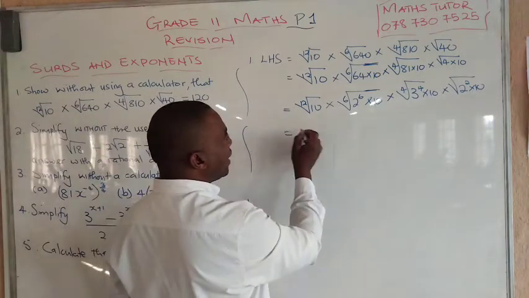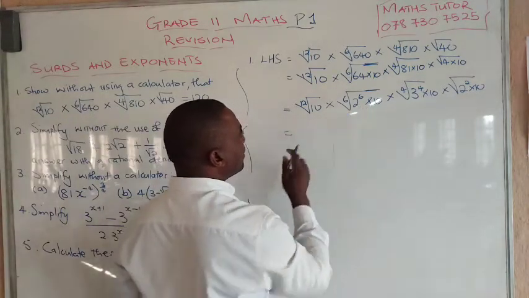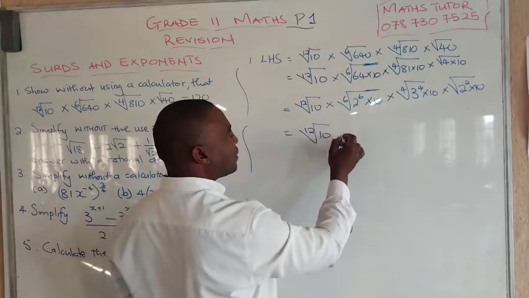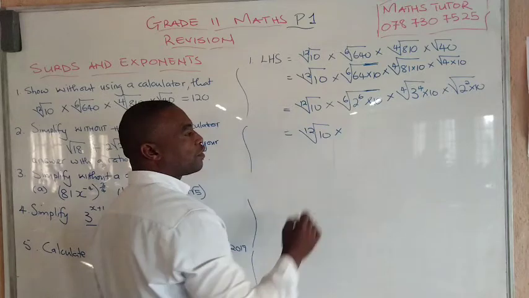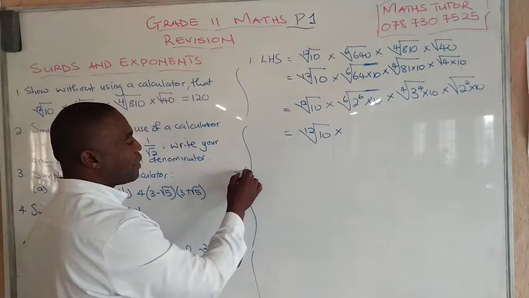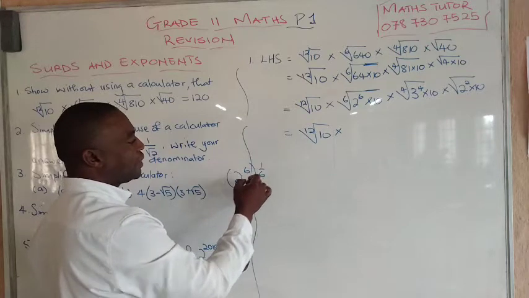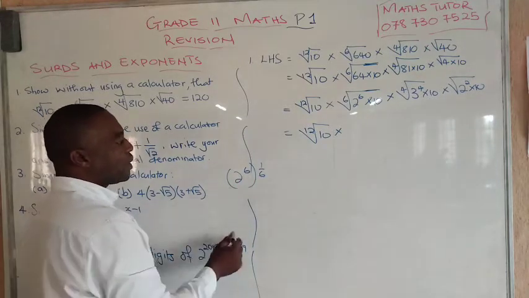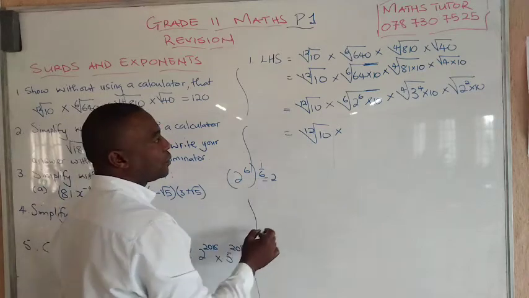Alright, now simplifying this part, we know that the 6th root of 2 to the power 6 means 2 to the power 6 raised to the power 1 over 6. So 6 times 1 over 6 gives us 1. In another way, this is simply equal to 2.